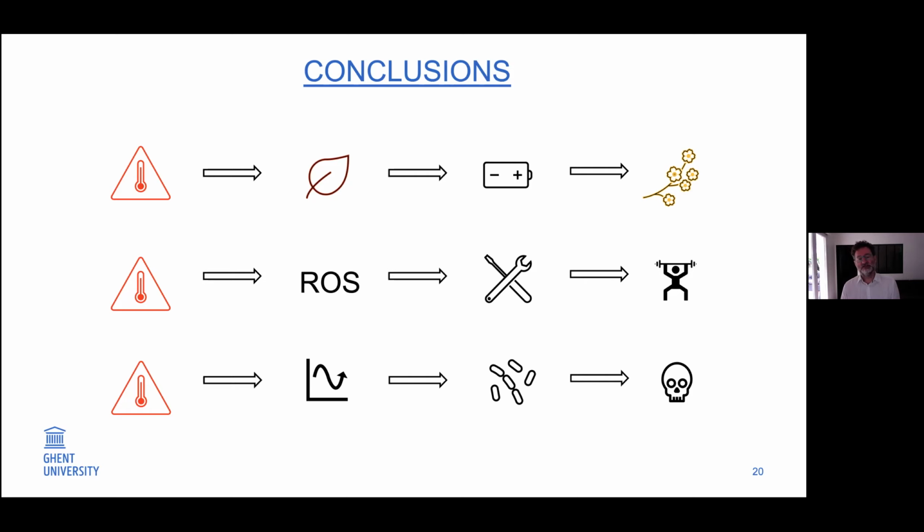The second level of impact of high temperature is that it will increase the ROS levels, and plants have adapted to these increased ROS levels by developing repair mechanisms. One of those repair mechanisms may have been meiosis, and that can help the plant to overcome this stress that is causing, for example, damage to the DNA, and make the plants stronger and protect future generations from the damage that is being done.